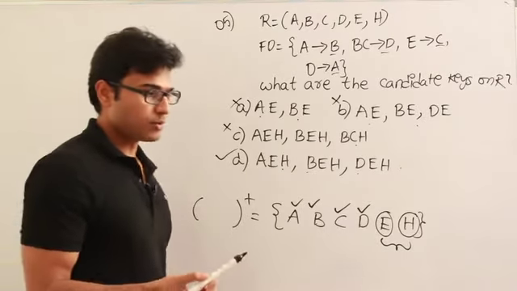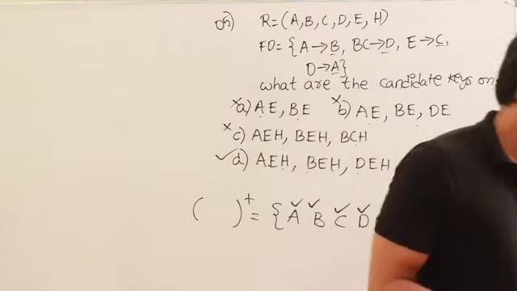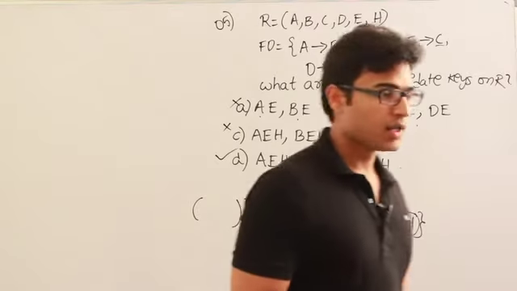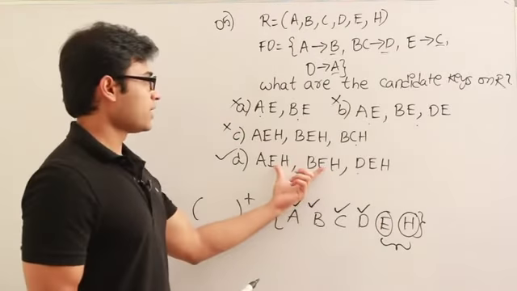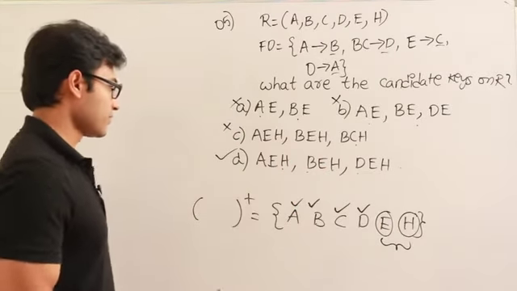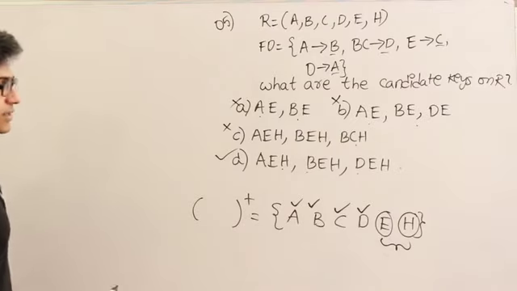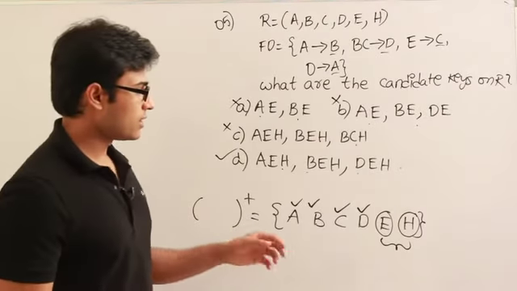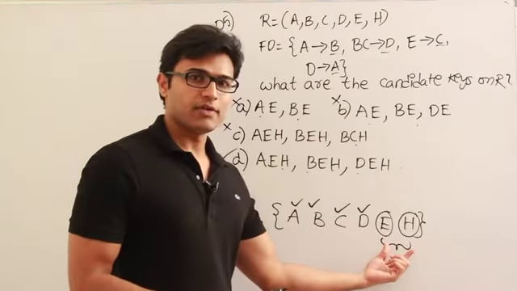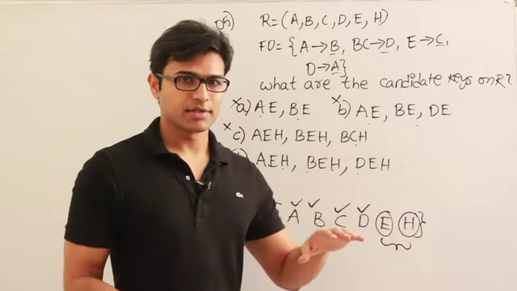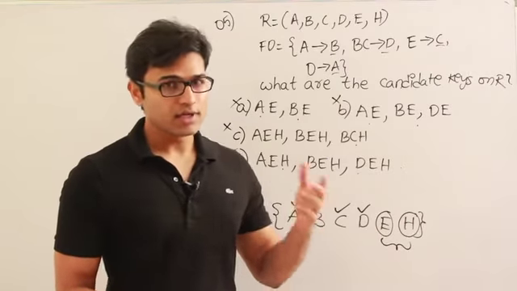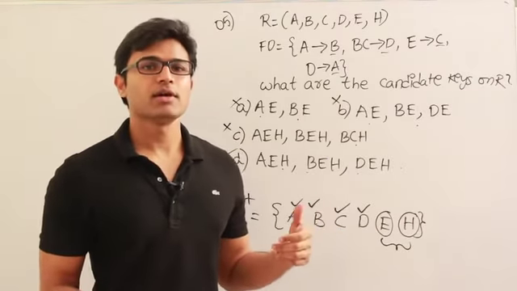But the proof is not enough, so you are supposed to find out the closure of all the remaining, then only you can declare that these are the candidate keys. Now let us see. We know that every candidate key should contain EH, right? Therefore EH is compulsory. So let me see if EH itself is going to be a key.